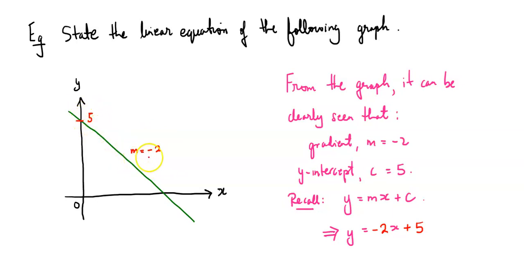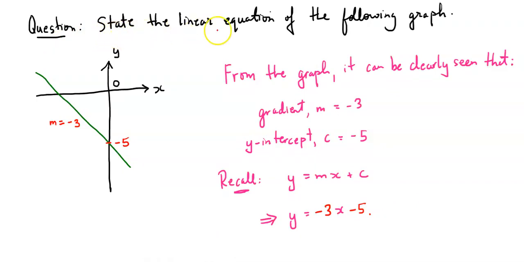Therefore, y is equal to minus 2x plus 5. From the graph, it can be clearly seen that the gradient m is equal to negative 2, and the y-intercept c is equal to 5. Recall that y is equal to mx plus c, therefore y is equal to negative 2x plus 5.